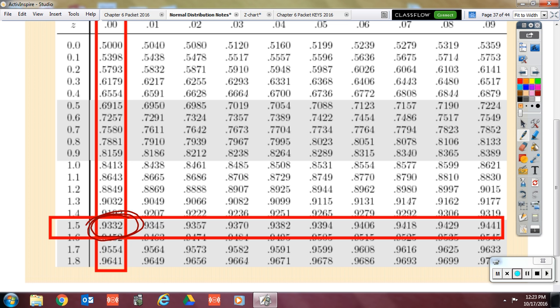Okay, tell your neighbor what that 93% means for the husband in the context of this problem. He's in the 93rd percentile. So what do you think?